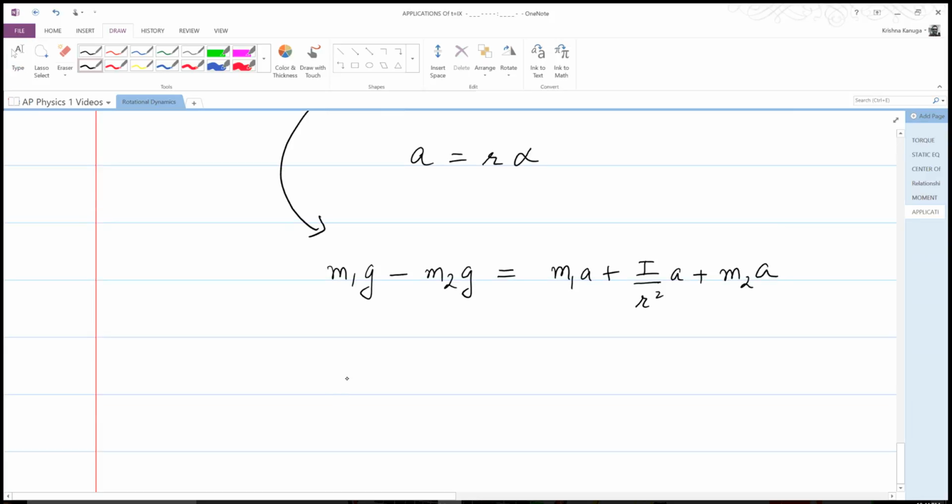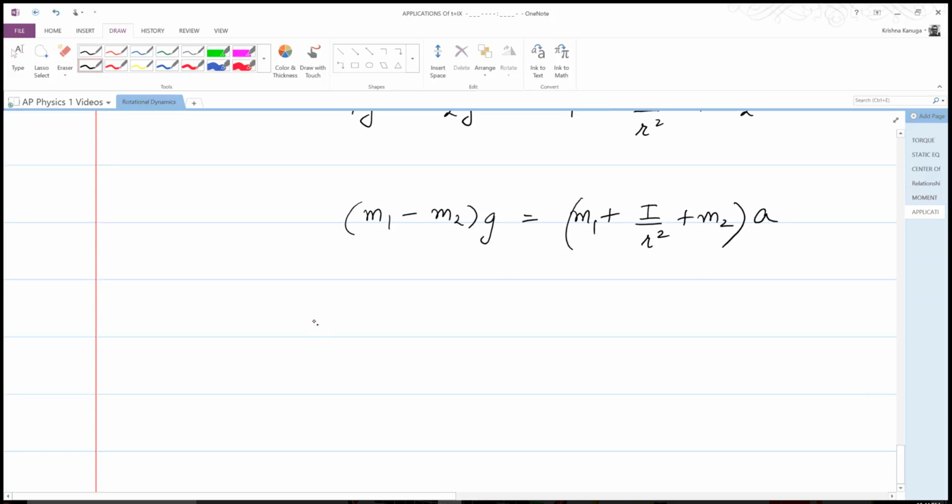At this point I can factor out the g on one side, so I write this as M1 minus M2 times g, and on the other side I can factor out the a, which is M1 plus I over r squared plus M2, all multiplied by a. This gives me my acceleration as M1 minus M2 times g over M1 plus M2 plus I over r squared.